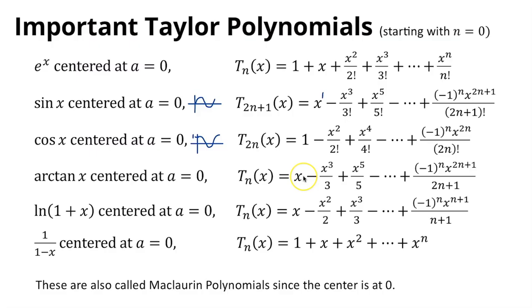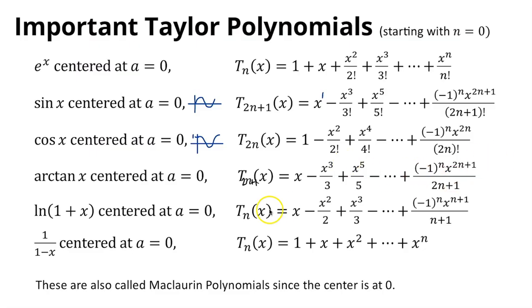So here, it basically looks like the sine expansion, except the denominators are not factorials. So that's kind of the connection that I try to make here to help me remember what's going on with that one. And in fact, this subscript here could actually be 2n plus 1 as well.